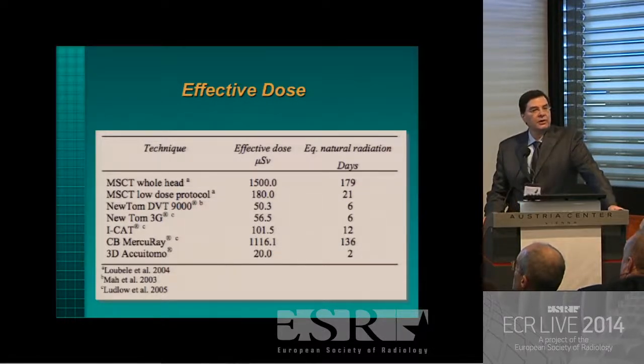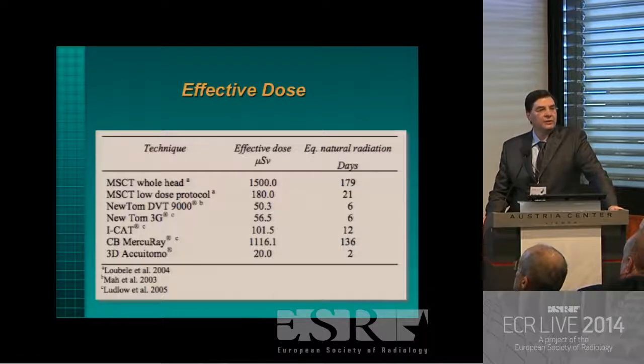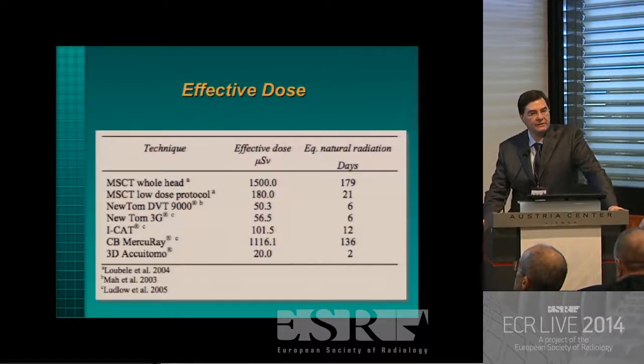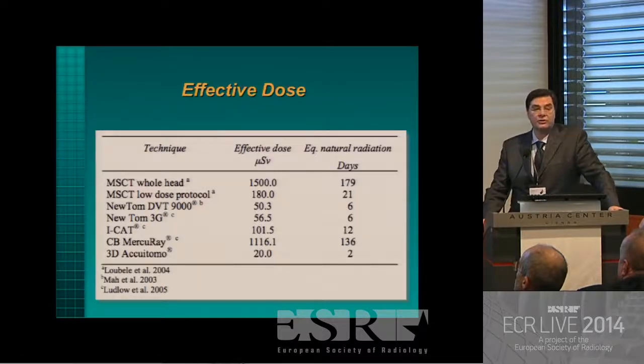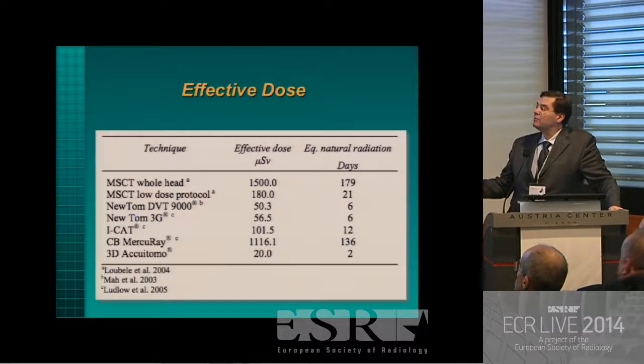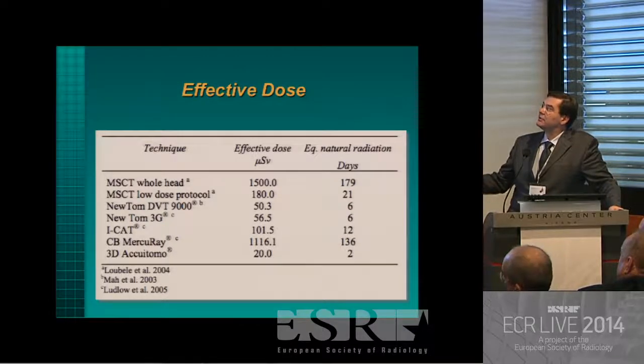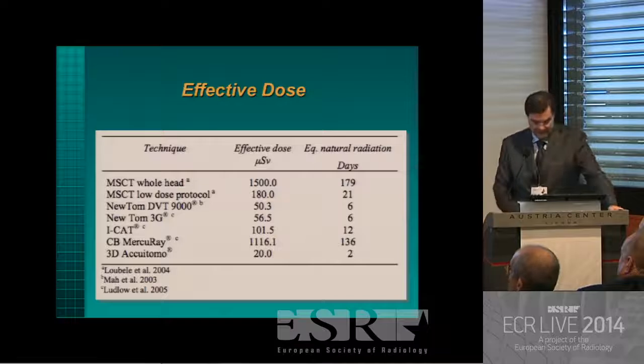But when you do dental imaging with a CT device, you can really go down with the dose, especially if you take a low mA. It's all high contrast structures which you are investigating. So if you do a low dose protocol, you can get the dose down to come near the regions which normal cone beam CT devices have. Up here, this is the multi-slice CT. Down here are different cone beam CTs.